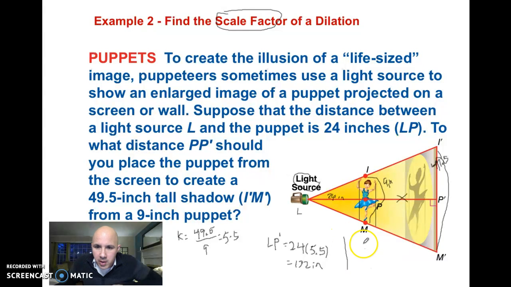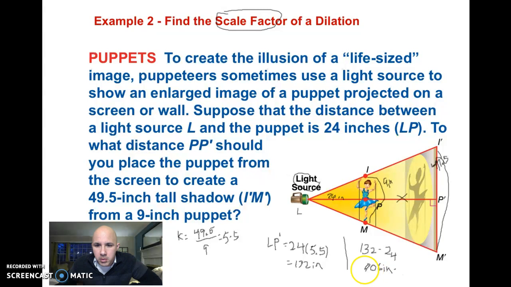We're just going to subtract the 24 inches from the light source to the P from the total, and that will give you from P to P prime 106 inches.